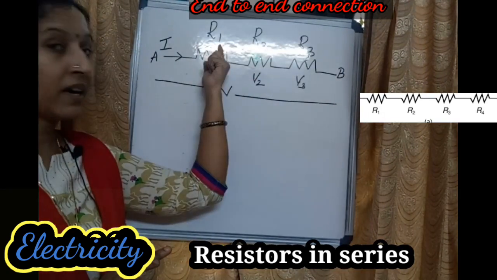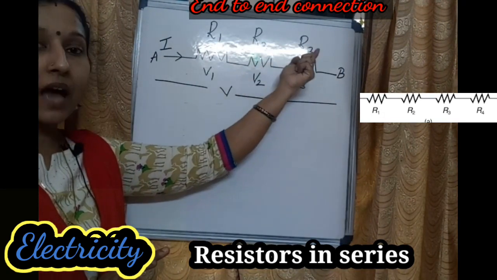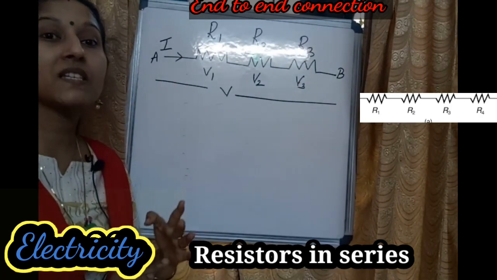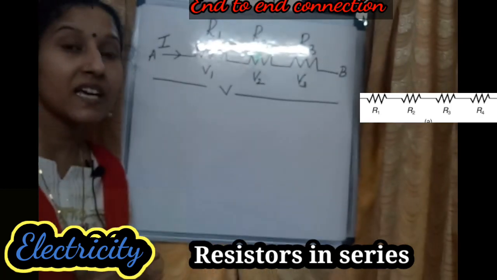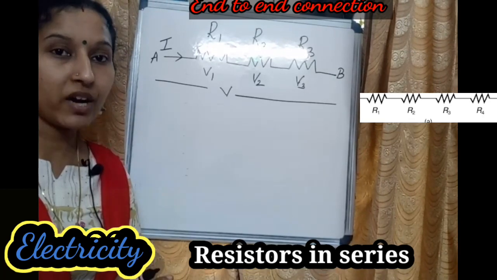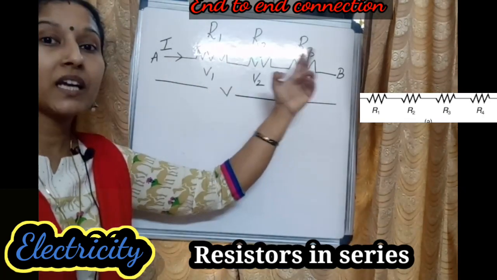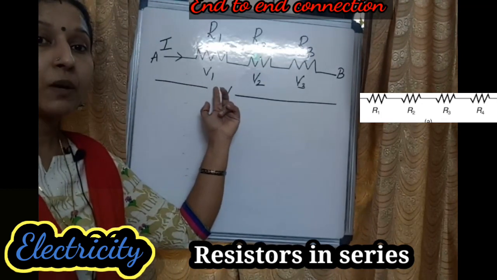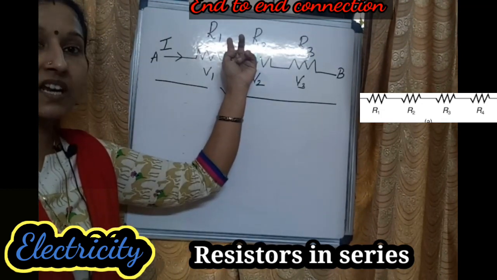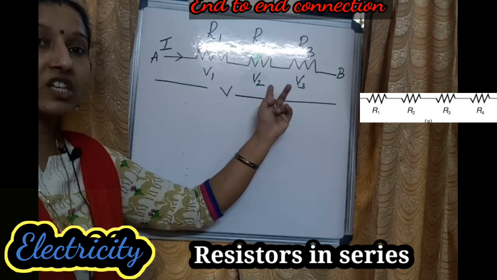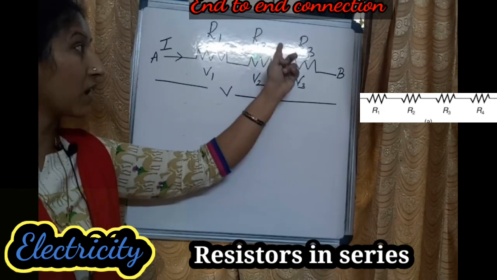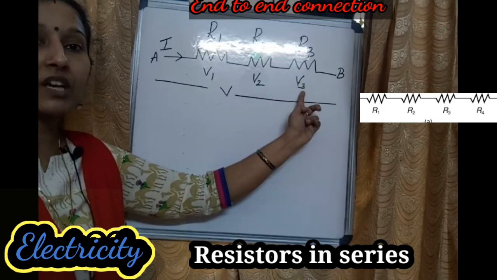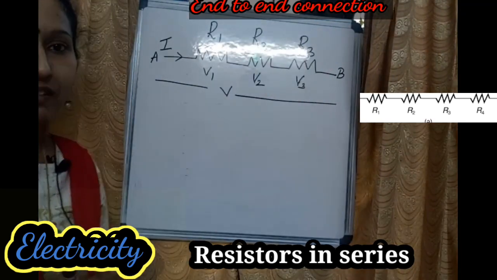And V1 is the potential difference across the resistor R1, V2 is the potential difference across the resistor R2 and V3 is the potential difference across the resistor R3.